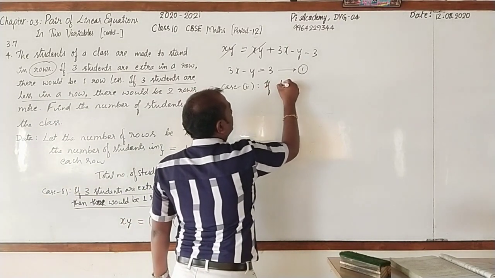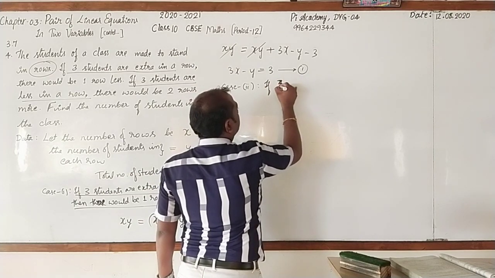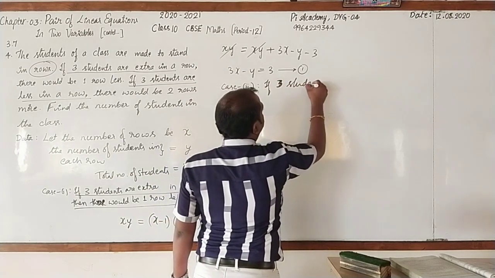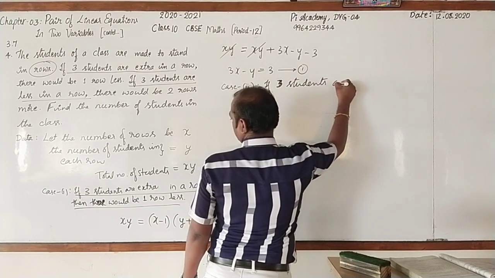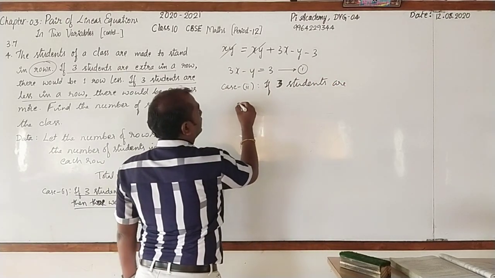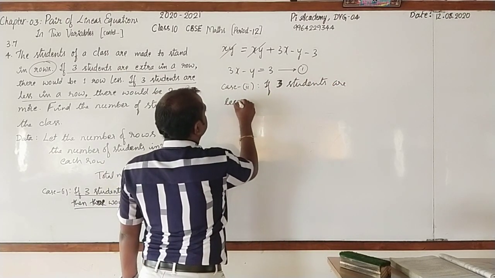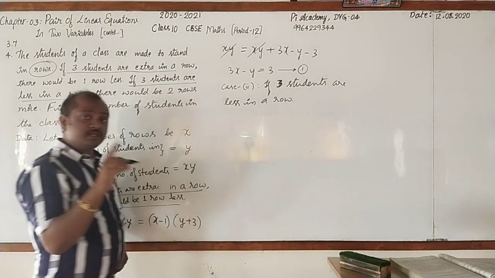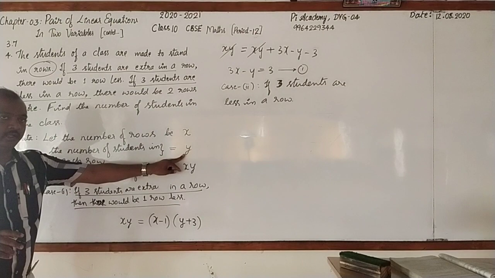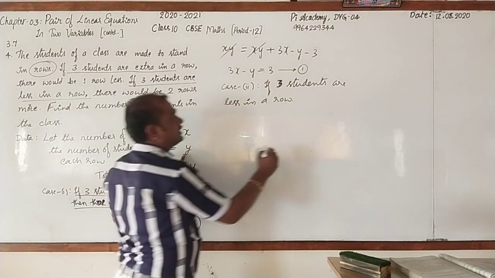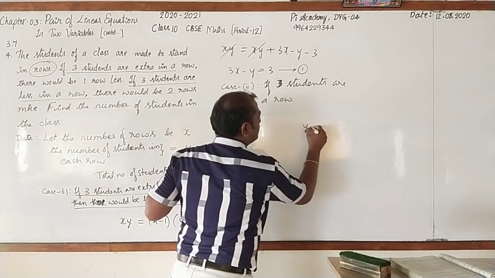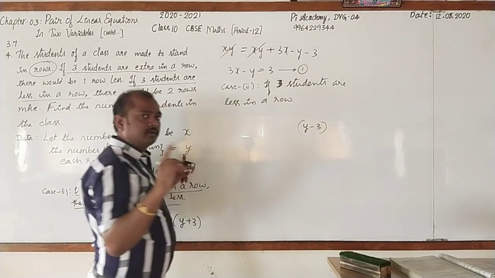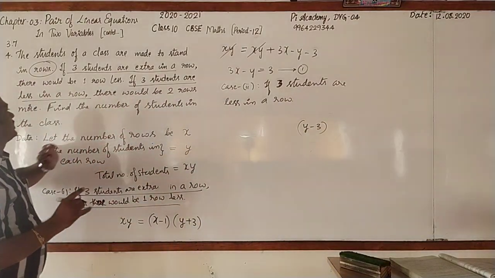If 3 students are less in a row, then how many students are there in a row? Y. If 3 students are less, we can write it as Y minus 3. Did you understand? Yes.